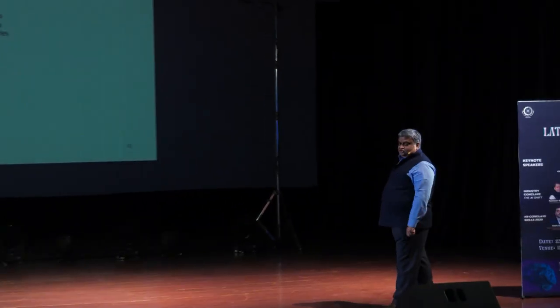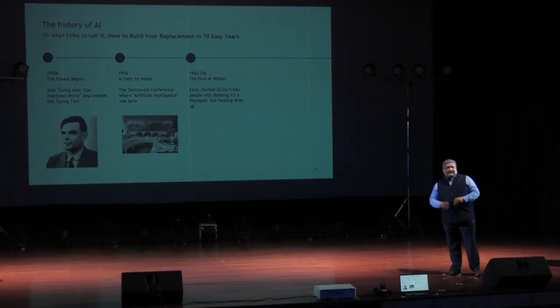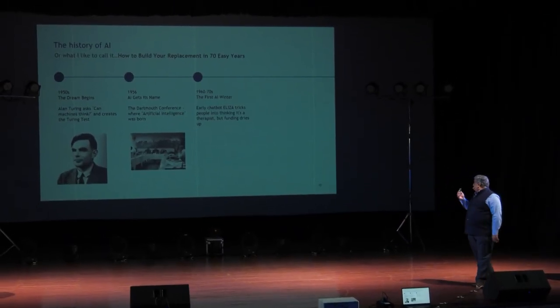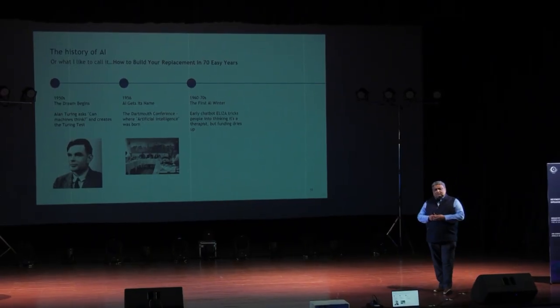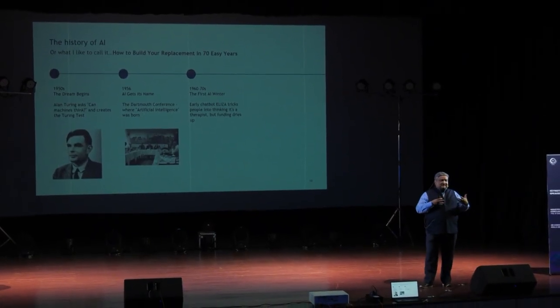1956, that was the time when, at the Dartmouth conference, the name artificial intelligence was coined. 1960 to 70, there was the first AI chatbot, and if you have heard of it, its name was Eliza. You know what it used to do? It used to just talk like a therapist.